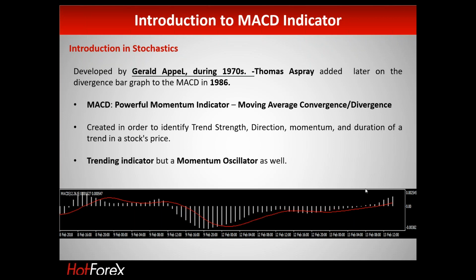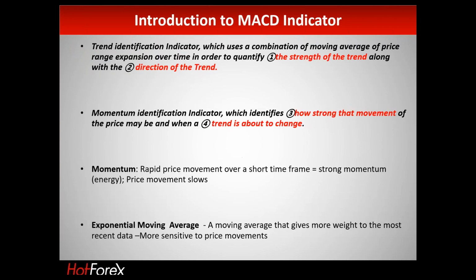The behavior of the indicator around the zero area, and the crossovers between the line and the histogram, are what give us signals, and we're going to see that in practice. As I said, it's unbounded, so it doesn't give overbought and oversold levels like RSI does. So let's go more in depth to understand exactly what I mean.